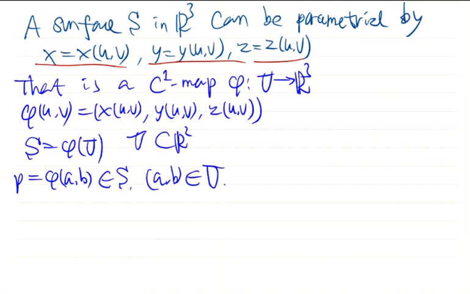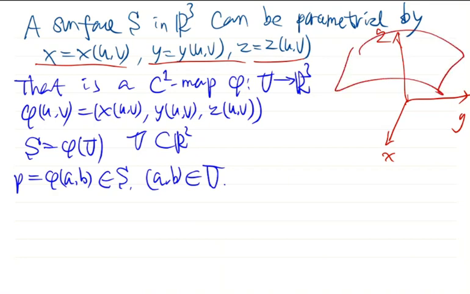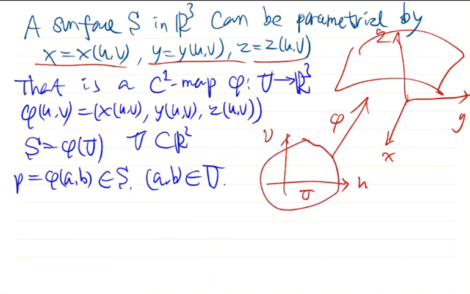So this is x, y, z. Our surface is here, and our phi is here. u, v. This is our set U. So this is the point (a,b).